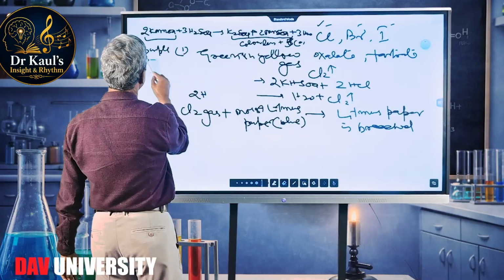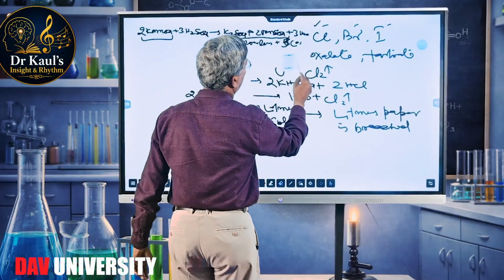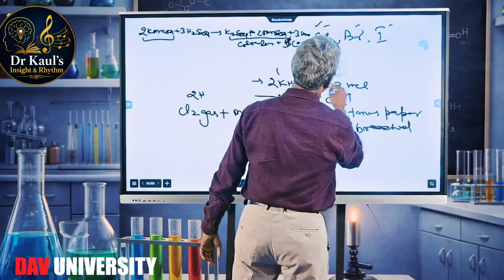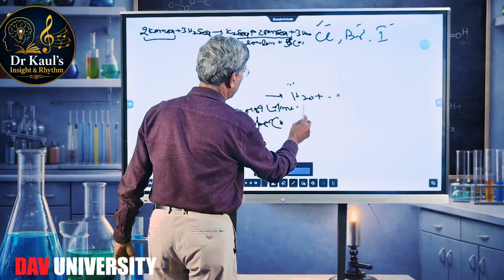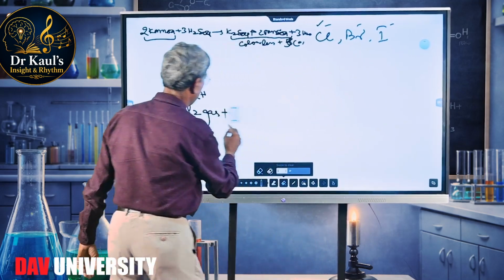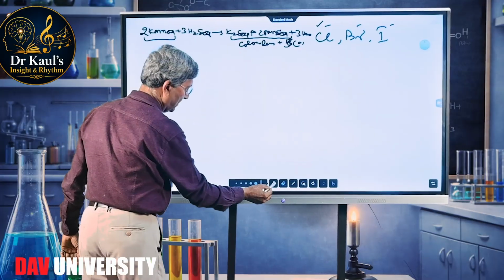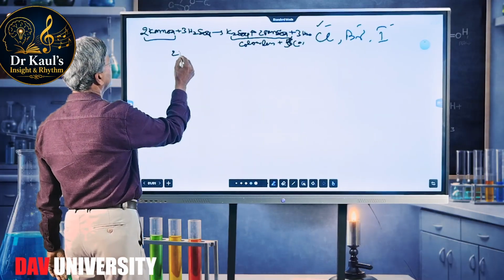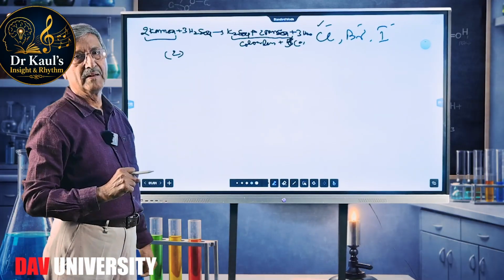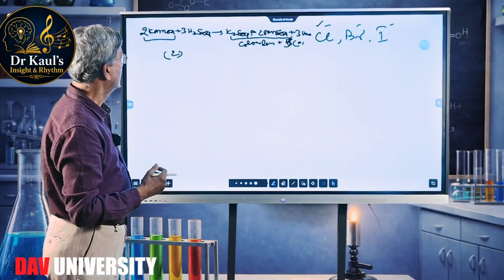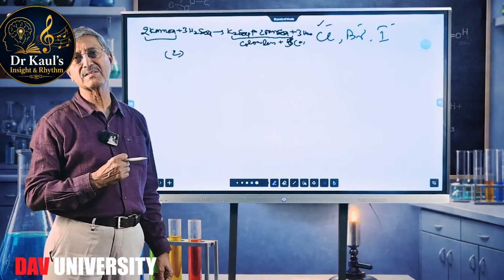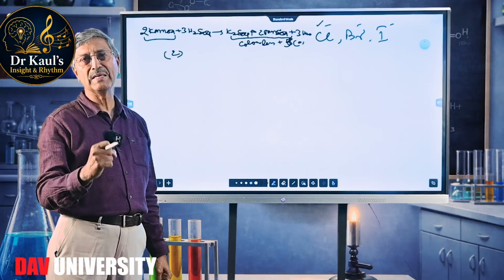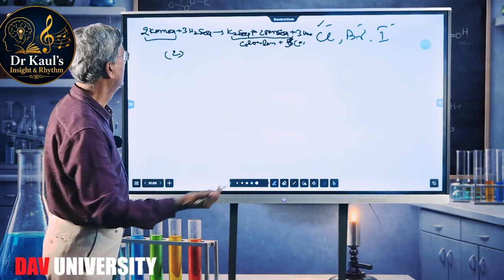Now second in the series comes bromide. The second option is that we get the evolution of an orange yellow gas which turns moist starch paper yellow.